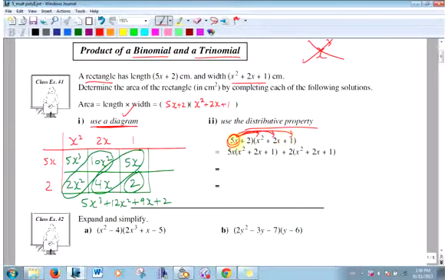Okay? 5x times x squared, 5x times 2x, 5x times 1. That gives us 5x cubed, 10x squared, and 5x.